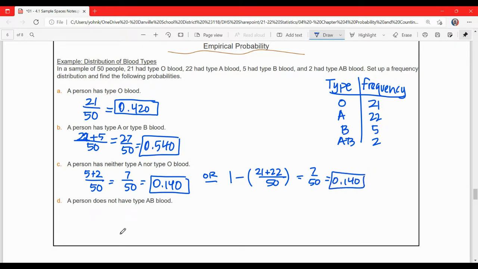Either one. A person does not have type AB blood, so I can do 1 minus the probability that he has type AB, which is 2 over 50. That gives me 48 over 50, which is 24 over 25, which is 0.960.